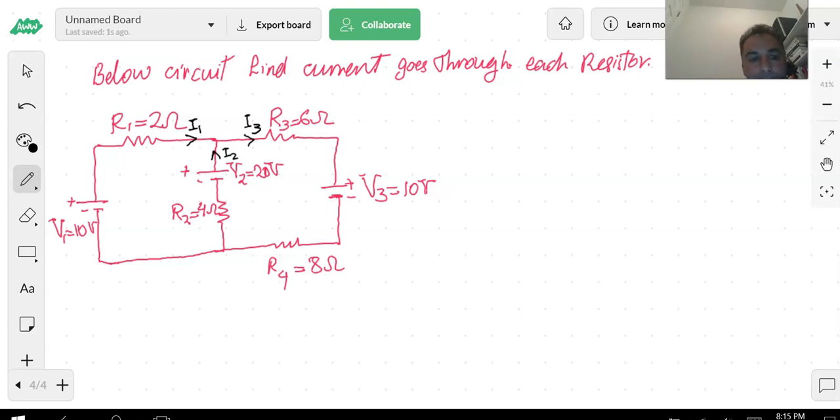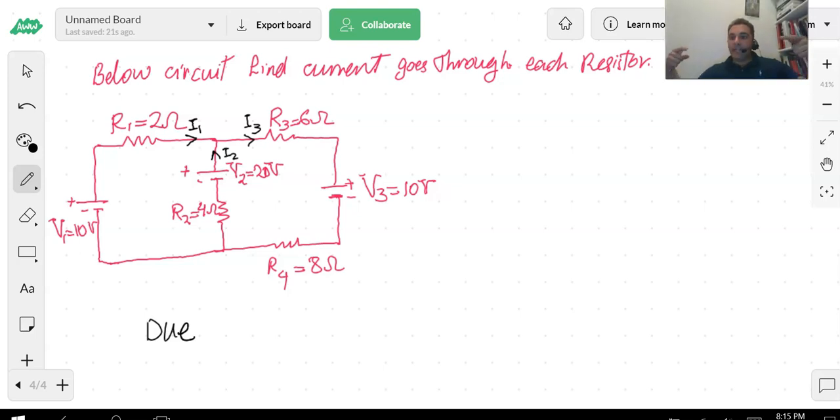Now, what you have to do, you have to label all corners, points, nodes, or junctions A, B, C, D, E, F, G, H, maybe you have more. Then pick a direction. For this one also pick a direction. Any direction you want, it's up to you. Just always remember to ask this question.